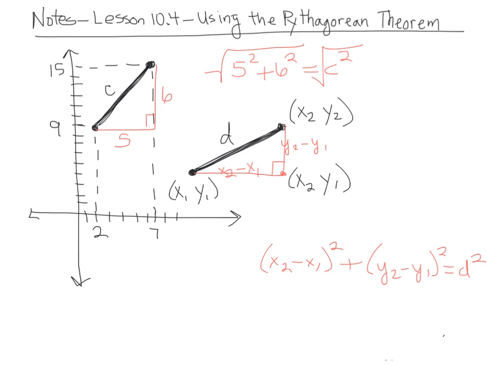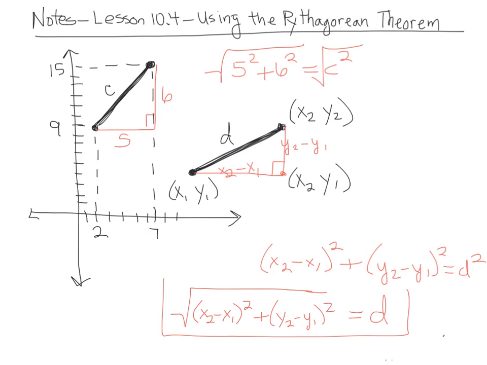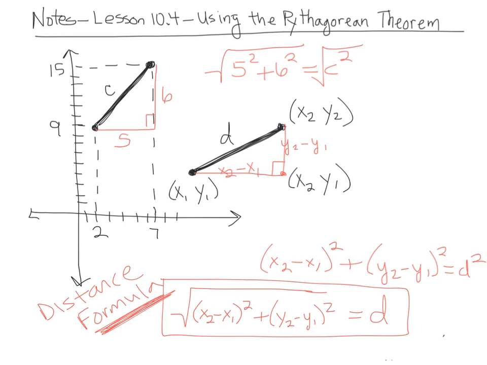And you will get the square root of x sub 2 minus x sub 1 quantity squared plus y sub 2 minus y sub 1 quantity squared equals d. And that is what's known as the distance formula. And it comes directly out of the Pythagorean theorem. All right, let's use it.